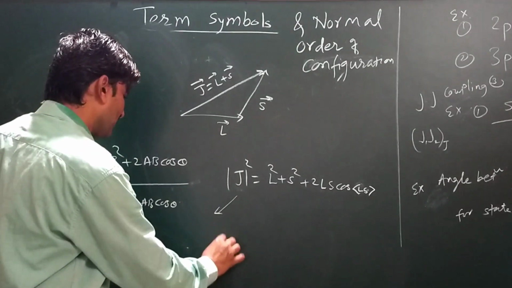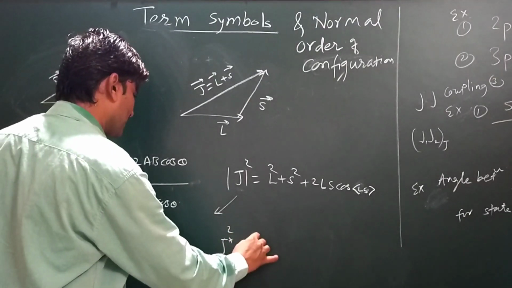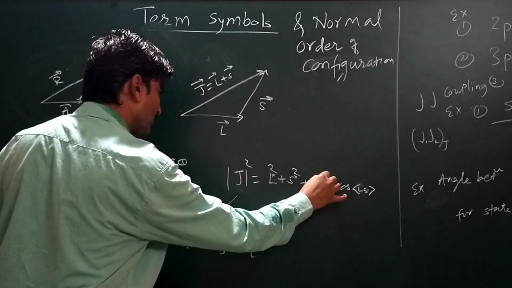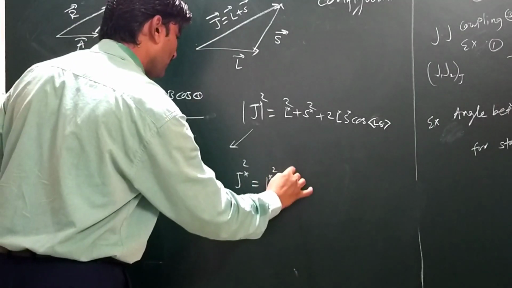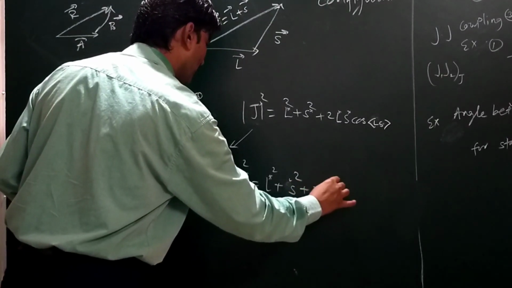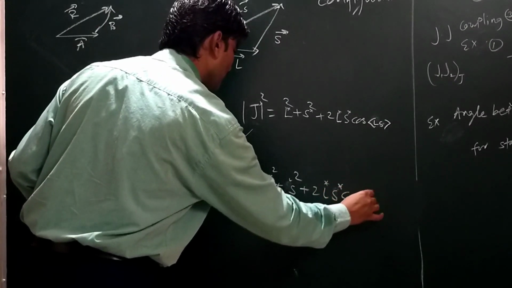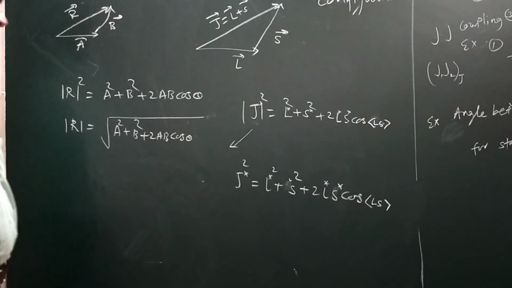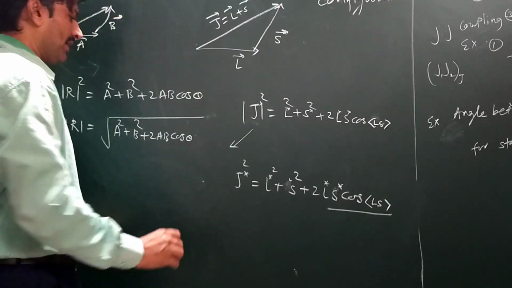So we can write J star squared equals L star squared plus S star squared plus 2 L star S star cos of the angle between L and S. So how can we find the angle between L and S?